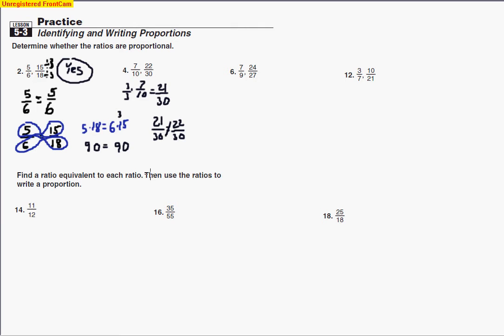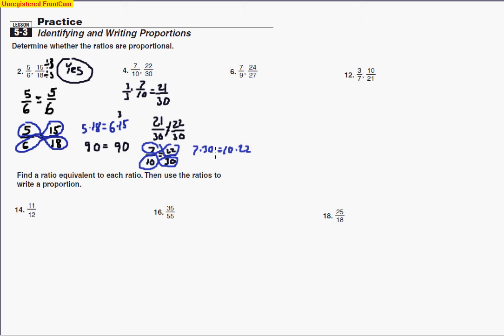And again, cross products works as well. So again, you can do this. You can set 7/10 equal to 22 30ths, and then use those cross products. So 7 times 30, and we would set that equal to 22 times 10. So 10 times 22.